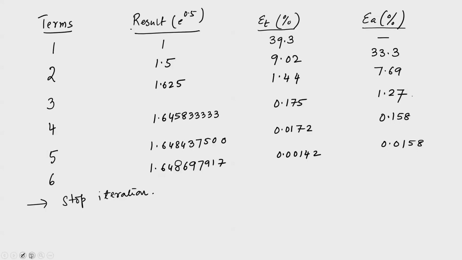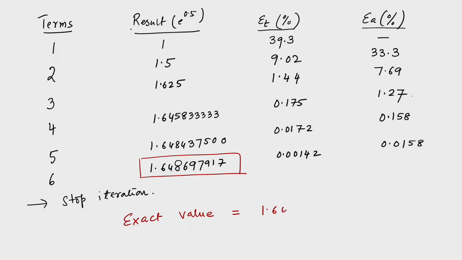So, now this is the final value that we take, and our exact value was 1.648721. So, that is fairly close. It is 1.648697 if you take, so it is 1.6487 and so on.